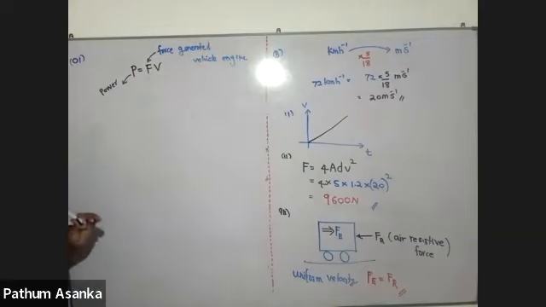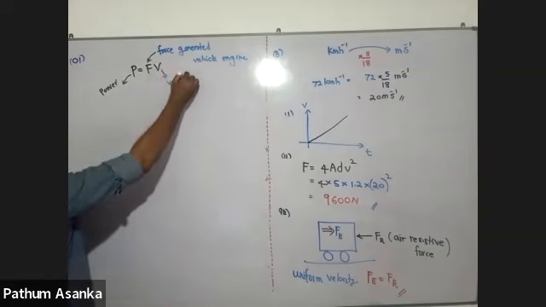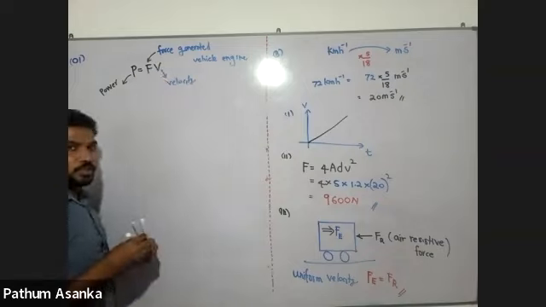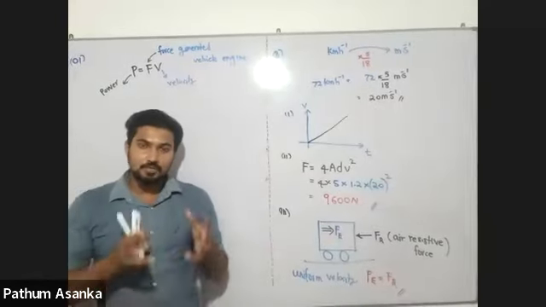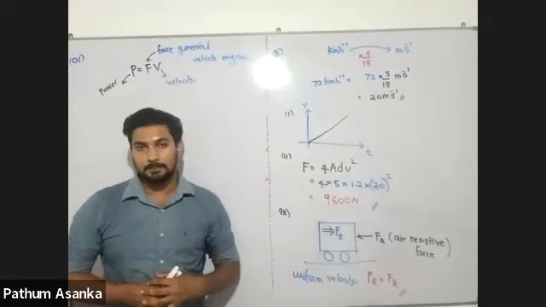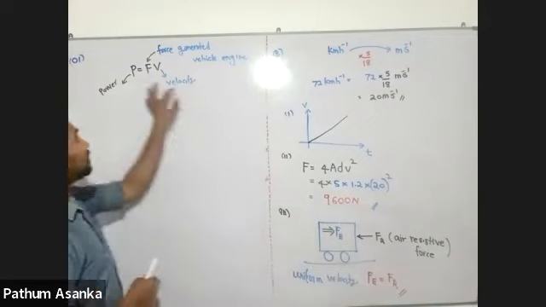Understood? Remember this. This is the velocity. Now, mainly this equation is used to obtain the power when the vehicle is moving at a constant velocity.